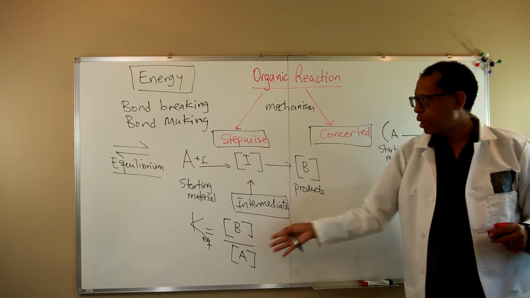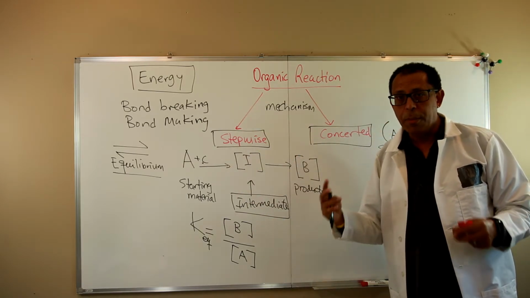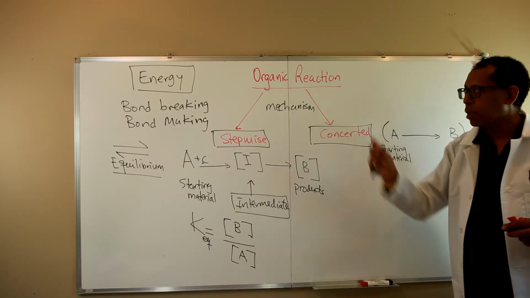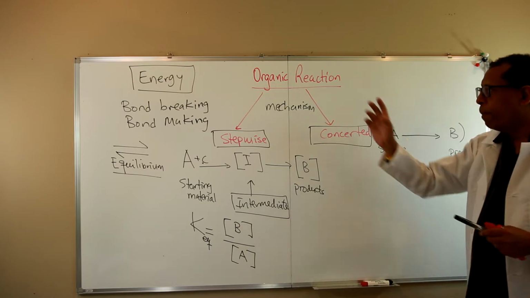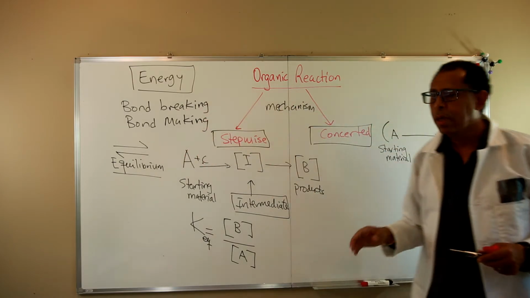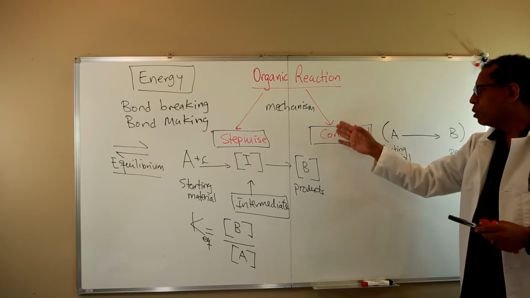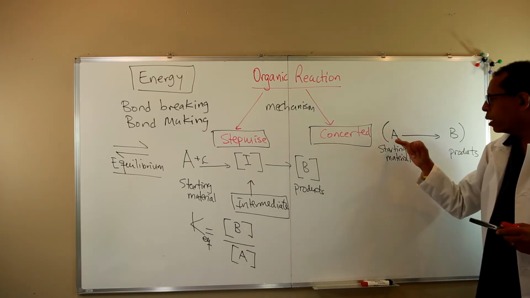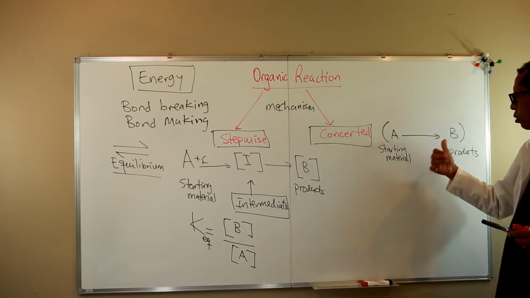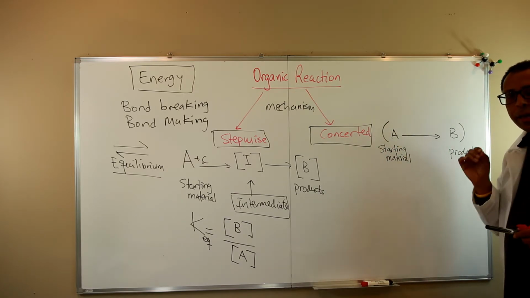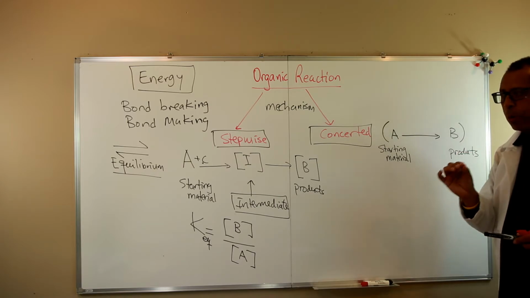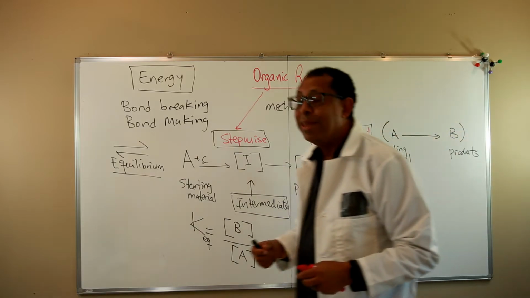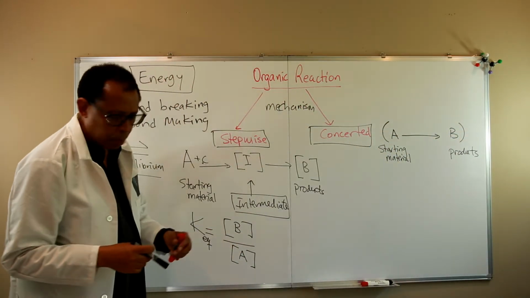Most organic reactions happen in a stepwise manner, but there are a few known organic reactions where bond making and bond breaking happen at the same time. Those types of reactions are called concerted reactions, where the starting material is converted to a final product in a single step. It has only one step. The stepwise ones have multiple steps to achieve the product.